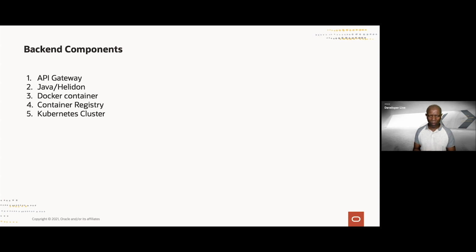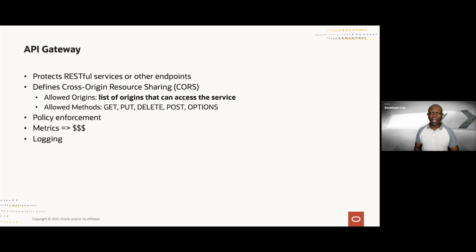Now let's talk about the backend. The backend is made of the API gateway, the Java Helidon, the Docker container, the container registry, and the Kubernetes cluster. I'll go over each of those. The API gateway is a front end to your cloud service.